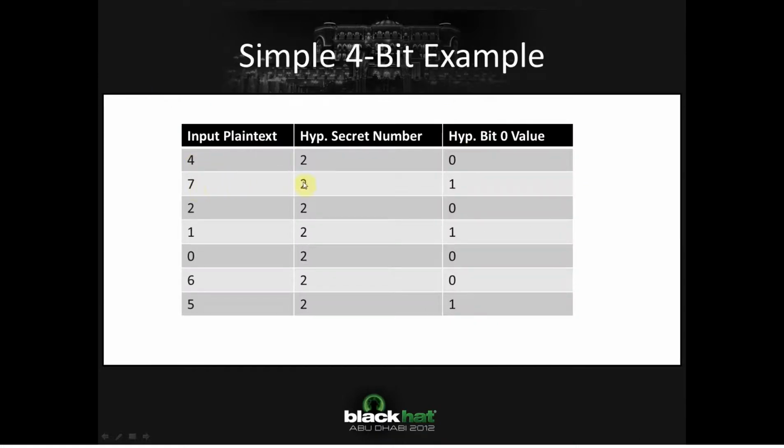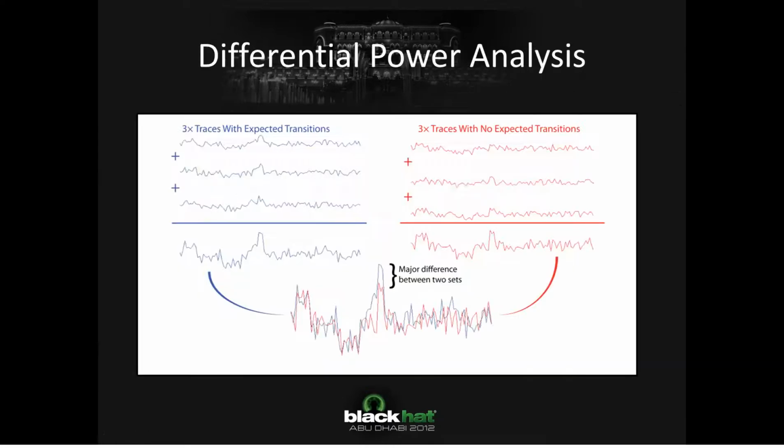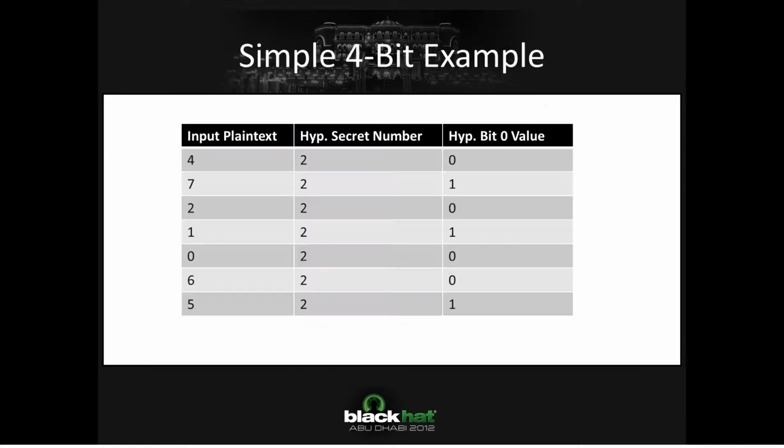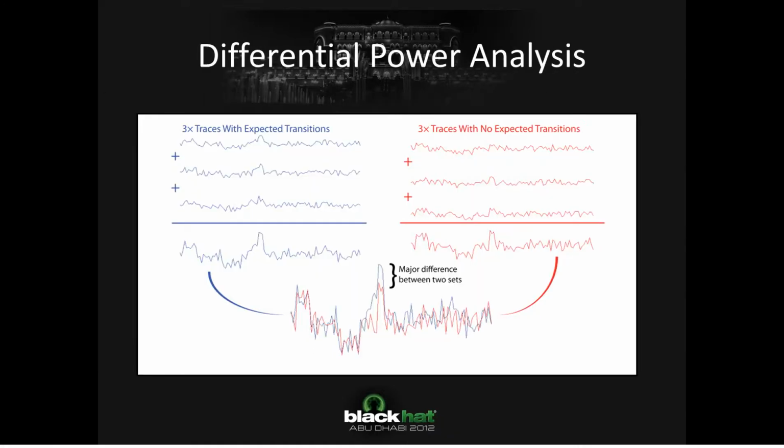If I input 7, and this is 0, this is 1, etc. So in this case, the division will be, for those 2 first ones, the same. But you can see how what I'm doing is I'm just trying every possible hypothetical secret number. One of these hypothetical numbers should give me the biggest difference between the 2 sets, meaning my answer was correct.